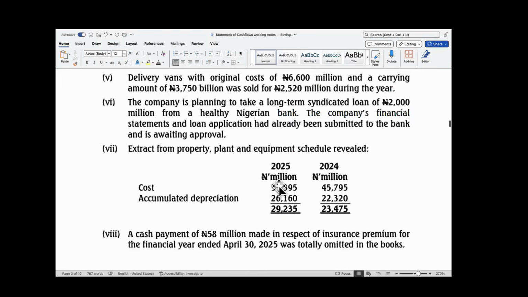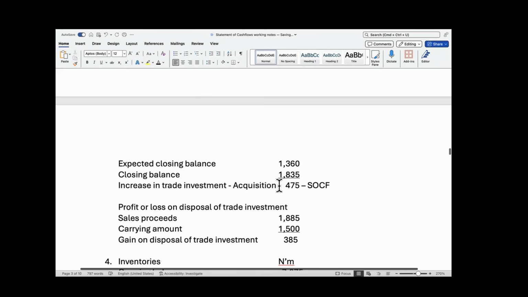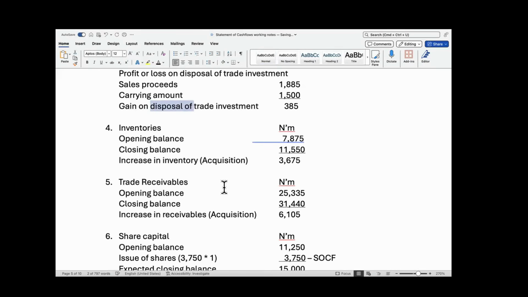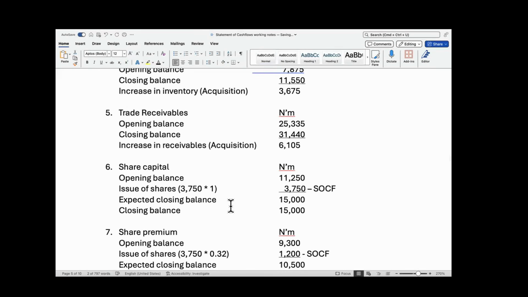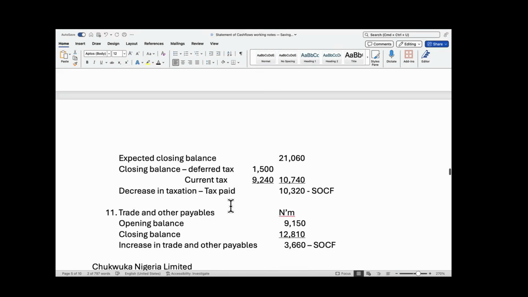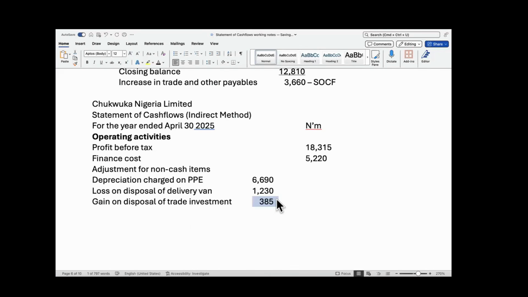Then after this gain on disposal, that's really all for non-cash items here. So can you sum all of this together for me? This will be deducted because it will have been added before.